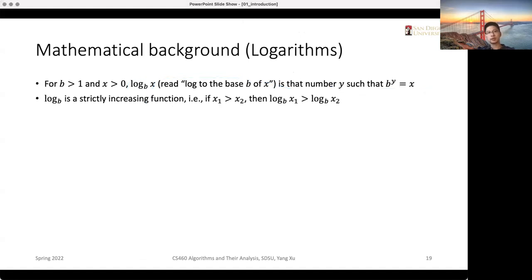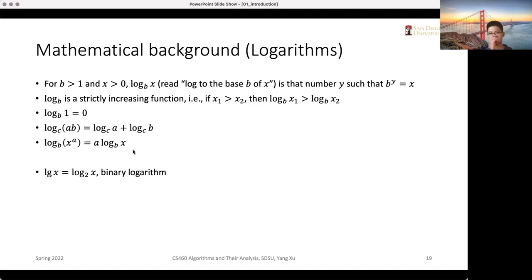The logarithm function is also a strictly increasing function. Whenever we have a larger input, the output will always be larger. The logarithm of 1 equals 0. The logarithm of a product can be decomposed into the summation of two logarithms. And for the logarithm of an exponential term, we can move the exponent a outside the logarithm function.